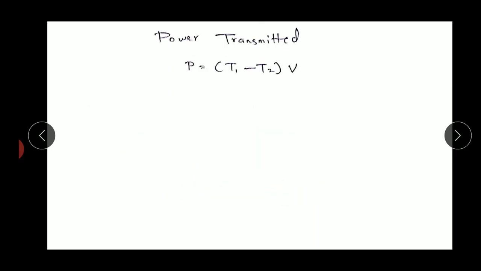Now power transmitted. One equation we had found, T1 in terms of T2. Now we are going to find T1 and T2 by using the second equation. So first thing, write the power equation. Power is equal to (T1 minus T2) into V. Velocity we had already found, power is already given. So put power here, velocity over here, and from equation 1 write T1 as 2.0198 into T2 over here.